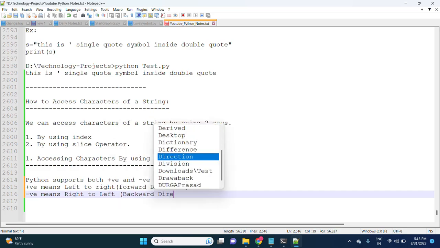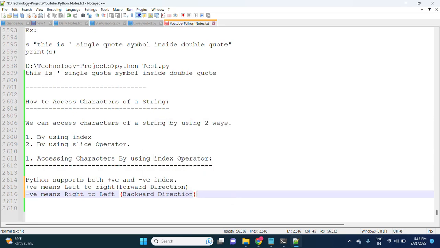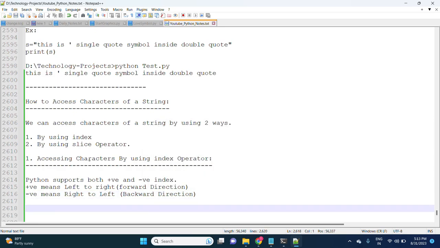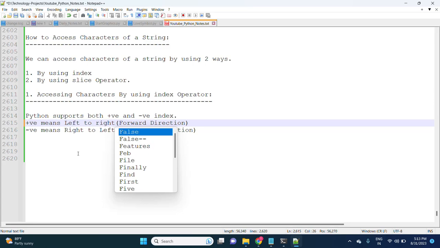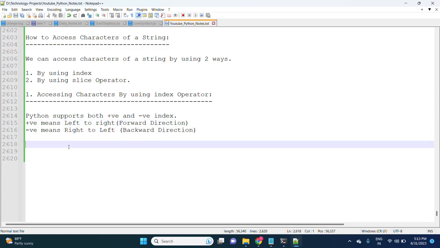So Python supports both positive and negative index. Positive means left to right, forward direction; negative means right to left, backward direction. Clear?